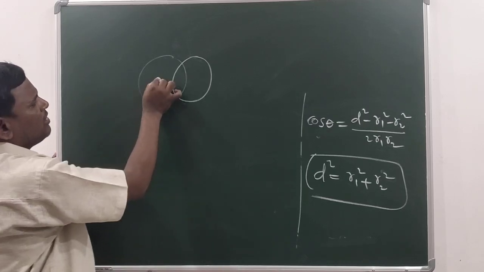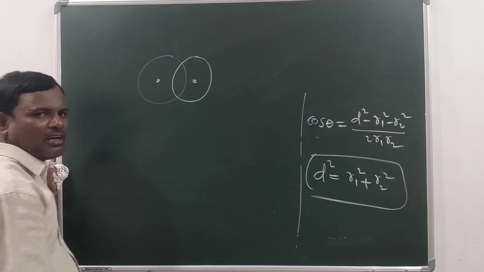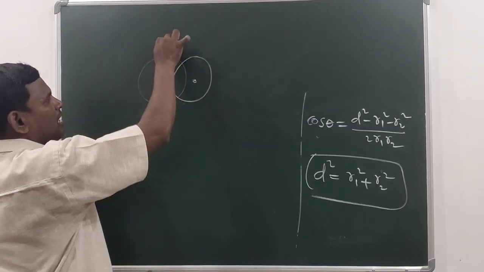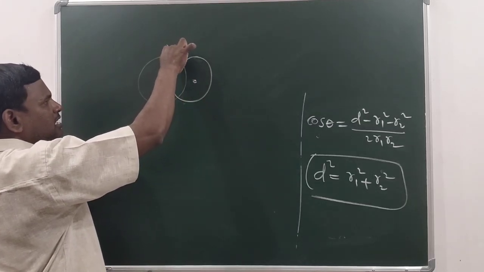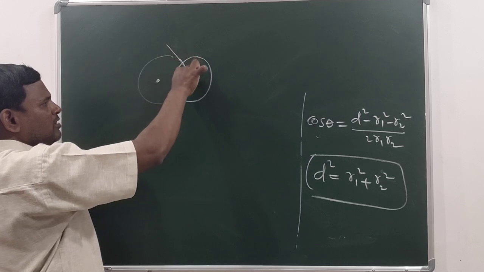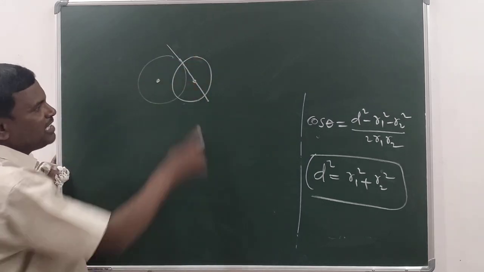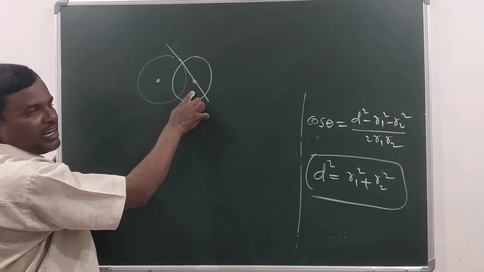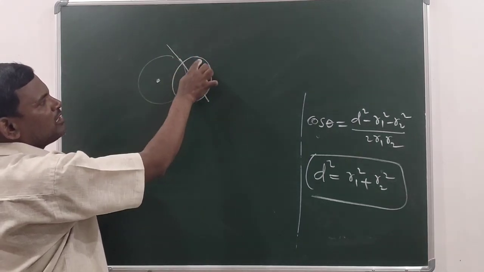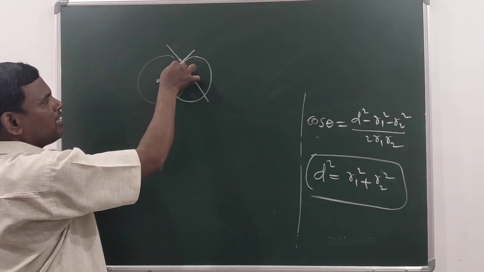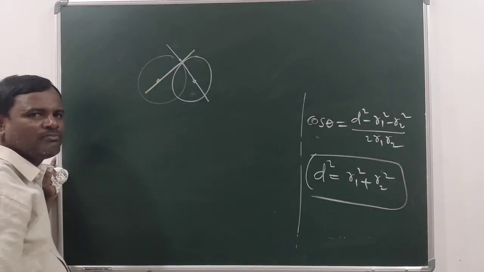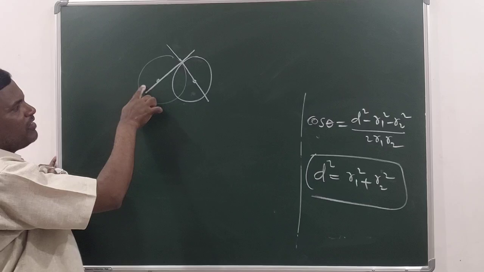If you want, you can check it. Draw the tangent through this point of intersection which passes through the center of the second circle, and draw the tangent to the second circle at its point of contact which passes through the center of the first circle.